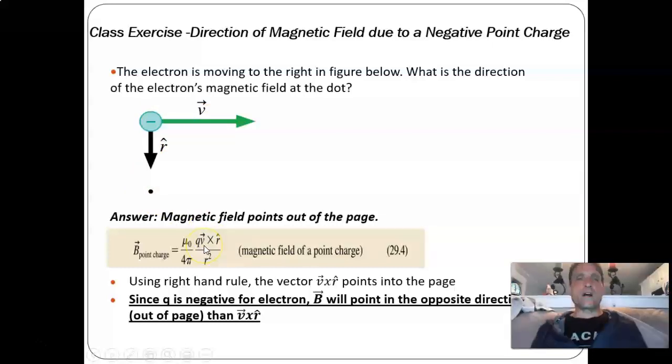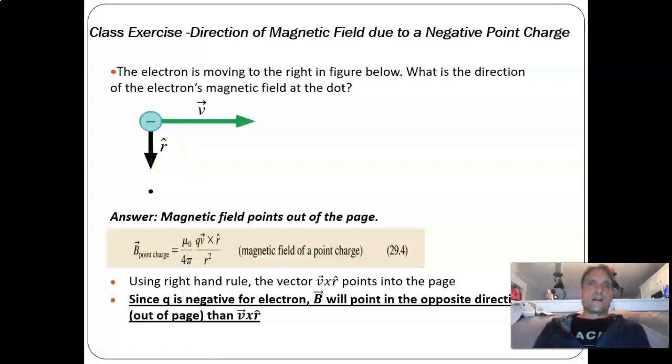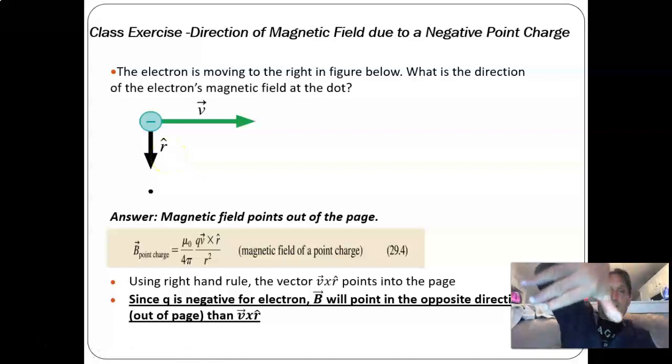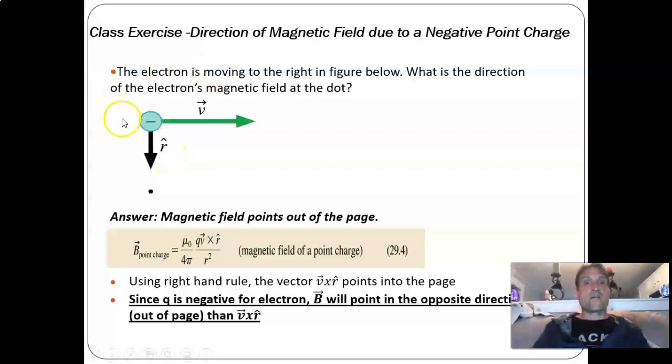So the first thing we always do is take the cross product of V cross R. So here's V, here's R. We take V and we point our hand along V. This is so hard to do with this camera. Take your hand, point your fingers along V with your palm toward R. Okay.